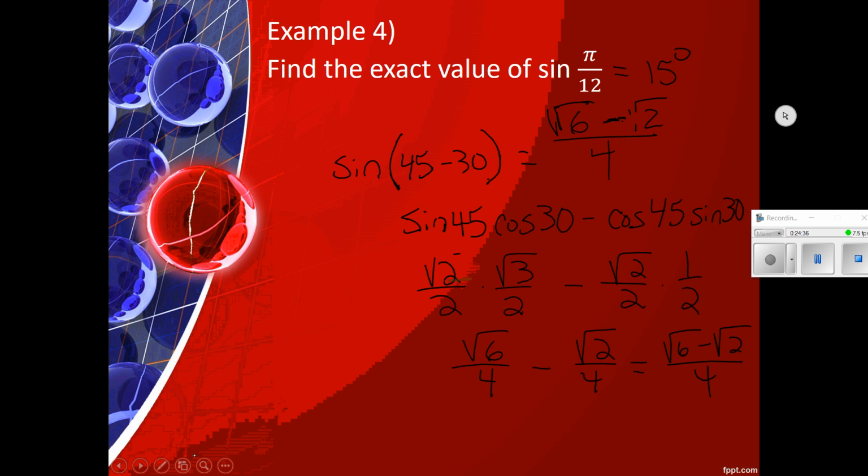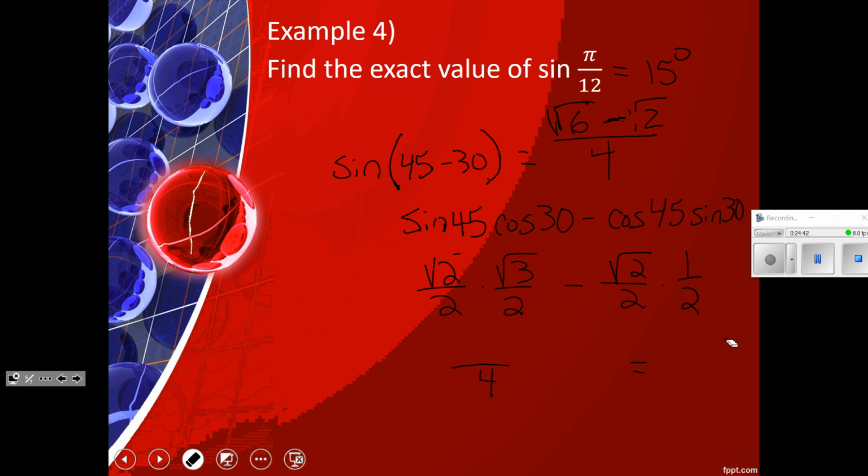Then, when you use your half angle formula, it should come out. It's going to look different because it's a different formula.